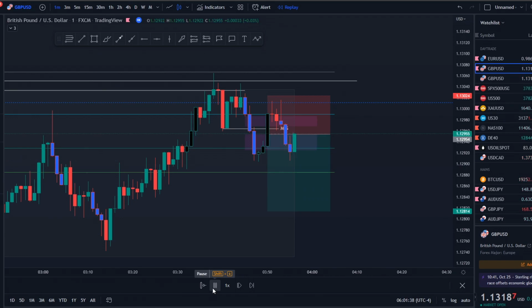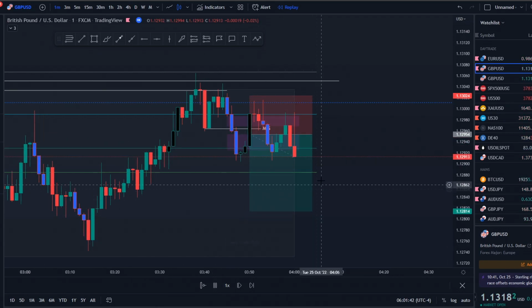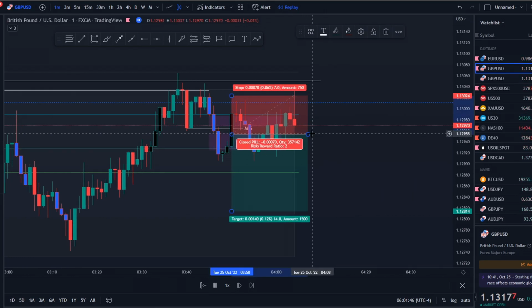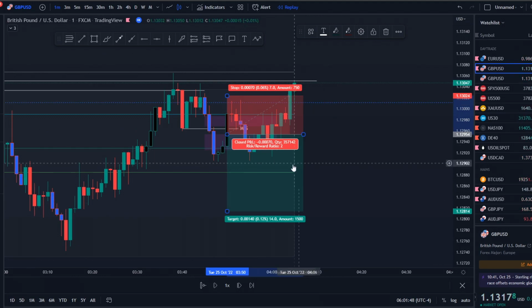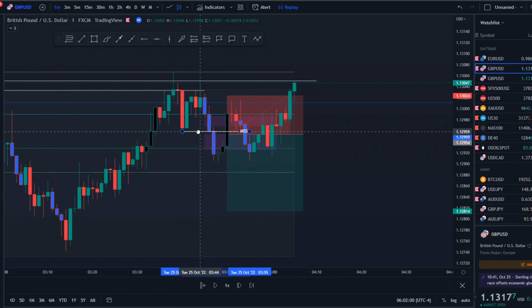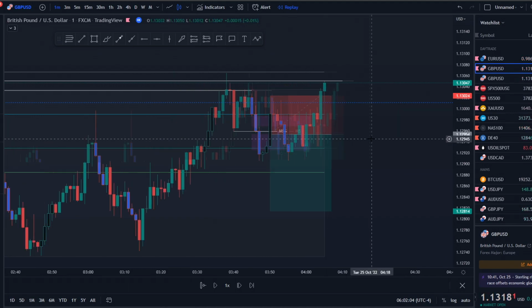I mean, it was looking good for a brief moment, but then it turned against me. As you can see, right? So what was the mistake? I mean, even if this didn't really break this structure here, then maybe this one still we had a fair value gap.